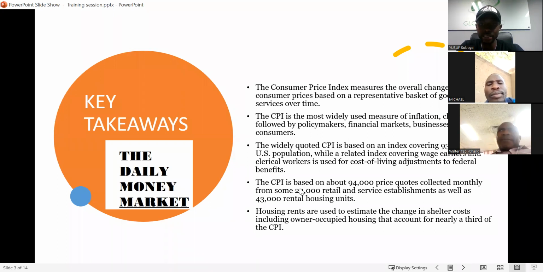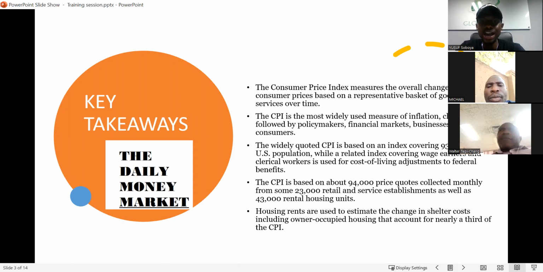There's retail prices, and there's also housing prices, right? So what actually contributes to consumer prices is not only what we buy as retail products, but also housing, rentals, investment, everything that people purchase in the US.